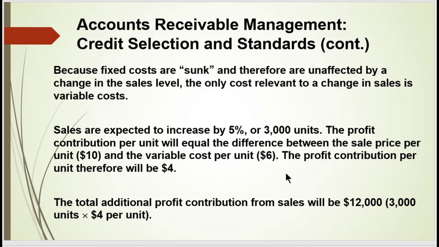The contribution margin is $4, so for every unit that we sell, we should have a profit contribution of $4 per unit. In this case, $12,000 is what we expect as the increased profit.